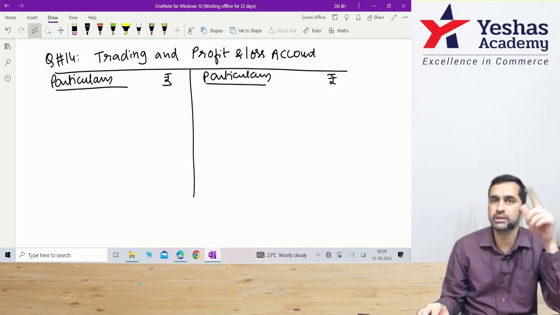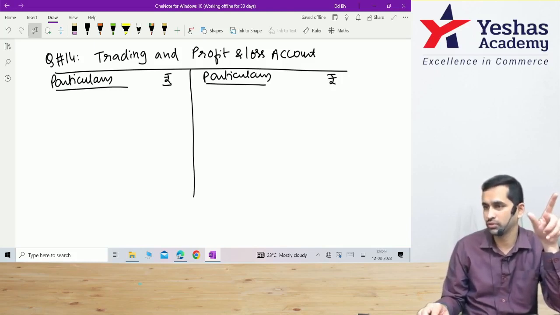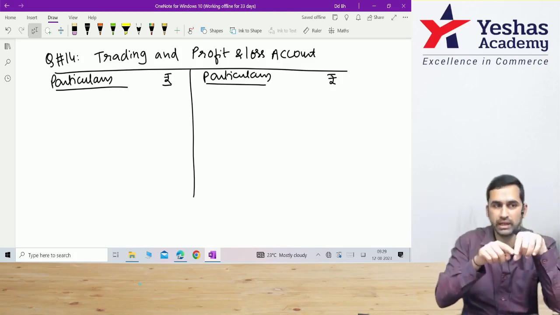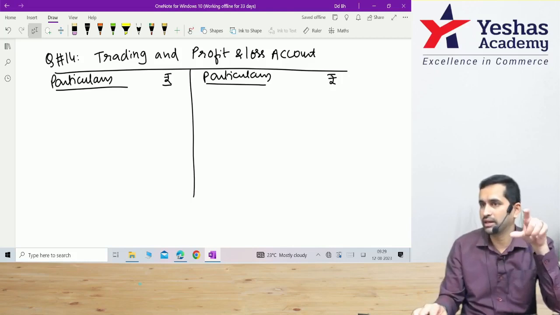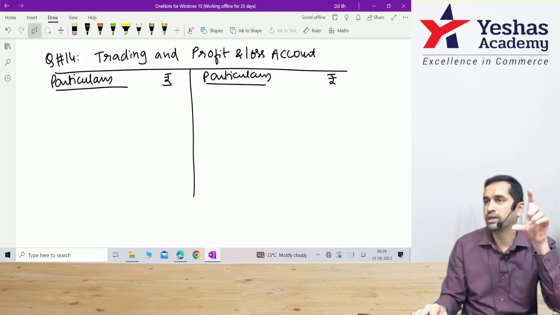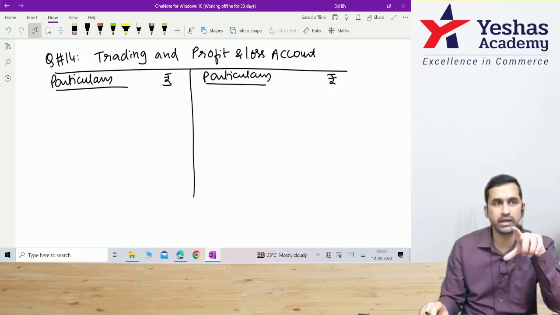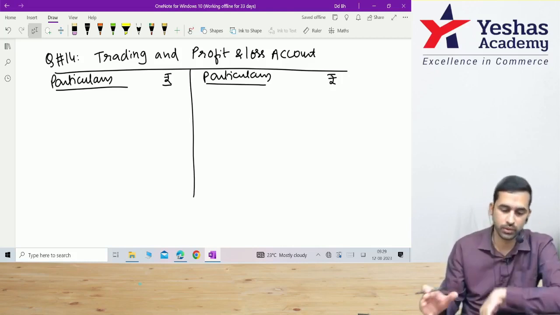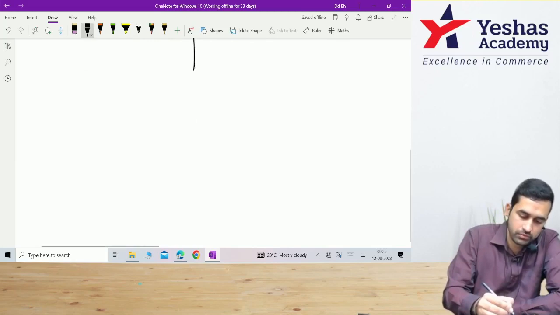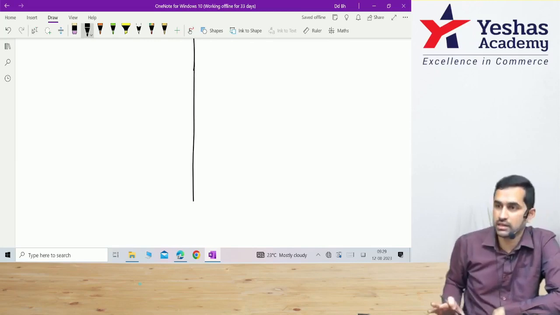And once you have GP, sales minus GP, you'll even have cost of goods sold. And once you have GP and NP, in between there may be indirect expenses. That means you need at least 10 to 12 lines to complete trading P&L. Okay, leave 10 to 12 lines and then start with balance sheet.